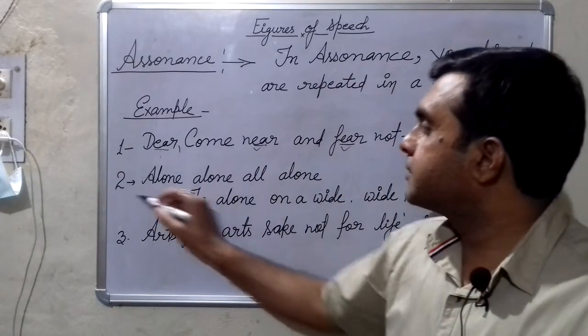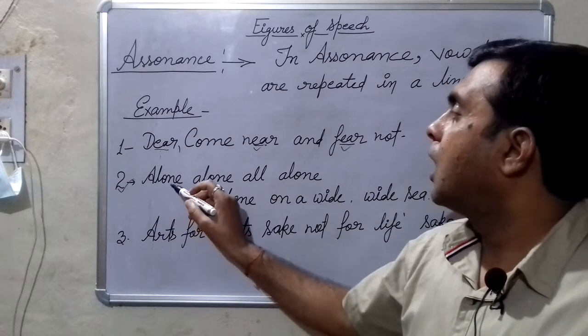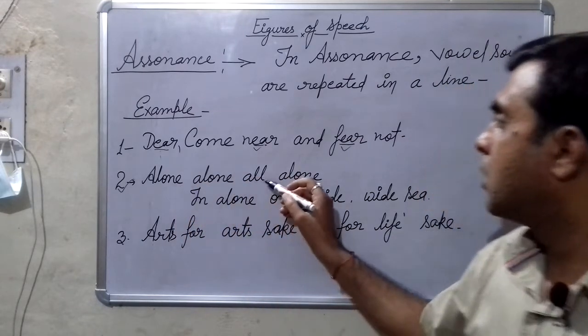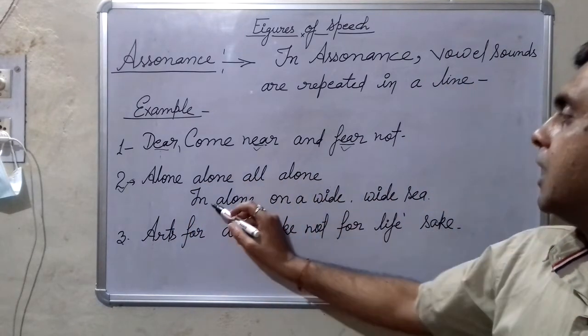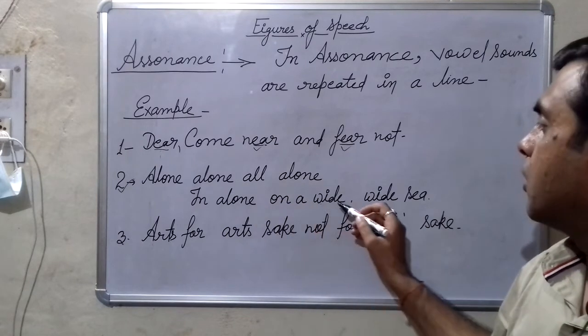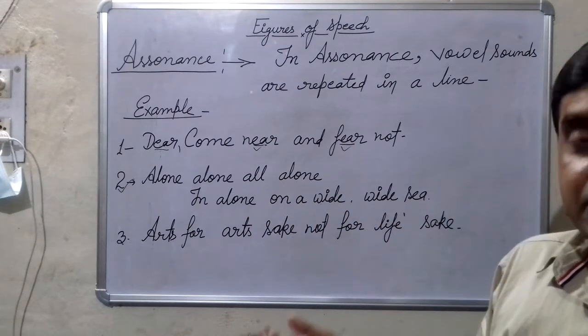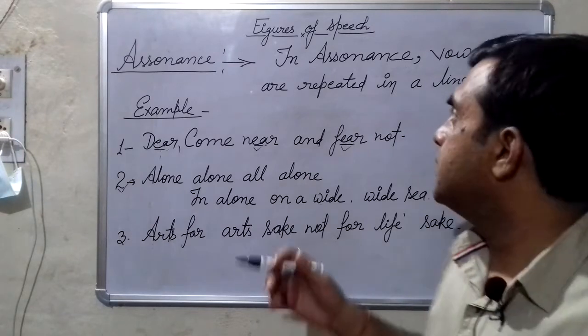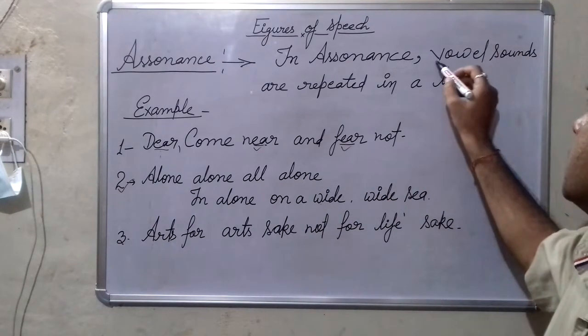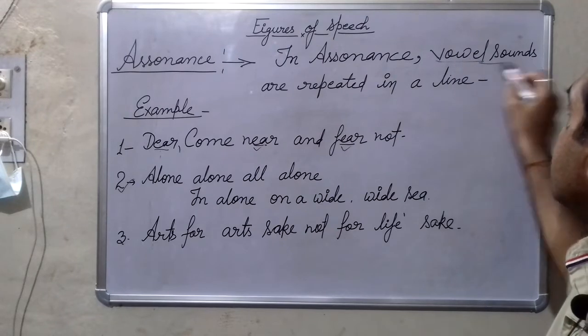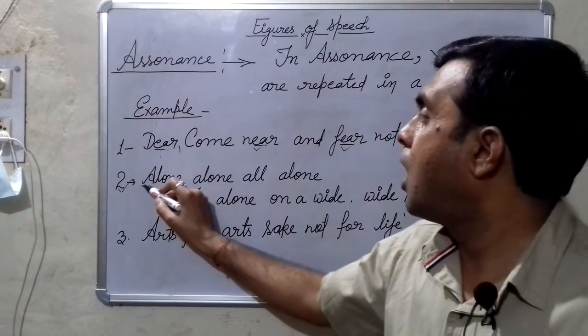In the second example: alone, all alone, in alone, on a wide sea. What kind of repetition can you find here? Easily, once again, go through the definition: vowel sounds. And here the vowel is what?